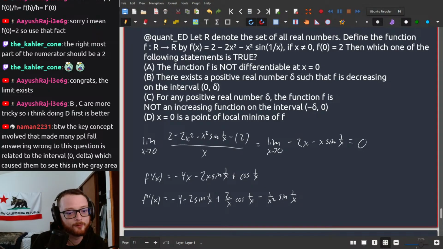Well, this is a mess. What is the limit as x goes to 0 of this?